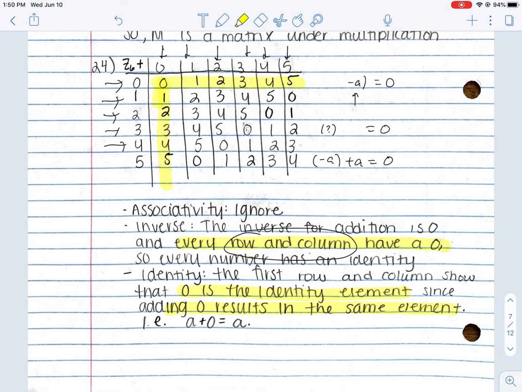So what is it really that you see? Well, what you really see is that the headers are kind of repeated in that row. It's like if you ordered the elements of Z6 so that when you made the headers, you went 0, 1, 2, 3, 4, 5, then that's what you see in row 1: 0, 1, 2, 3, 4, 5, and in column 1: 0, 1, 2, 3, 4, 5.